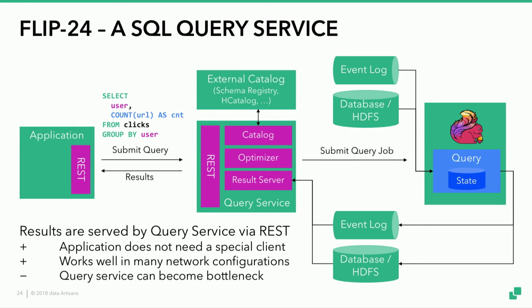And most of the logic happens in the cluster, so the query service would sit in the cluster, and you just have to open one port for the REST communication, basically. The problem, however, is that the query service actually becomes a bottleneck. Because, I mean, you have your fault-tolerant Flink application here, but what happens if the query service goes down? Then all your applications that are consuming from this REST interface would have a problem, right?